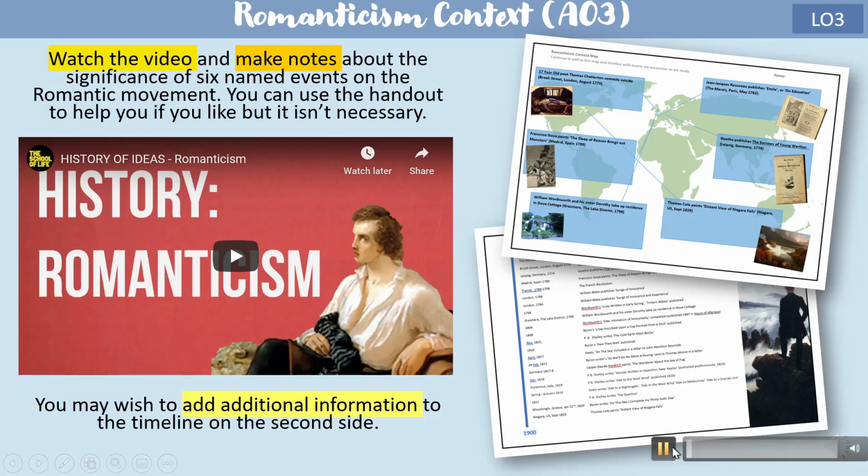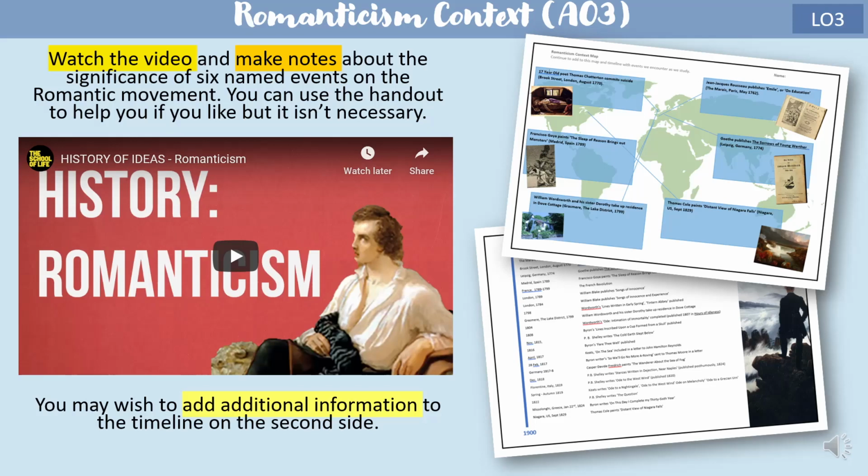So on this slide and the next slide, what we would like you to do is to create a timeline for the Romantics. So you could start by watching this video and making some notes about the significance of six named events during the Romantic movement here.